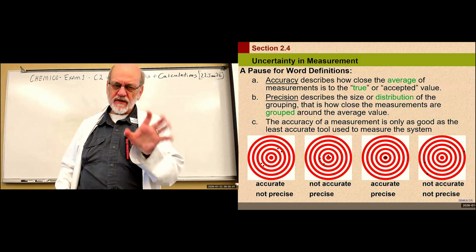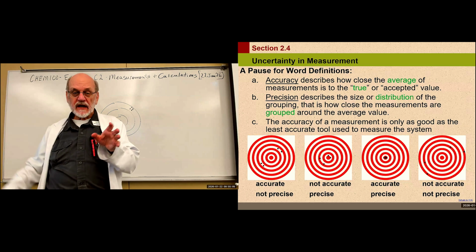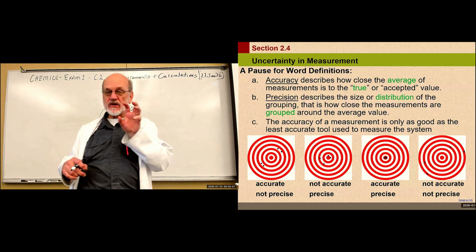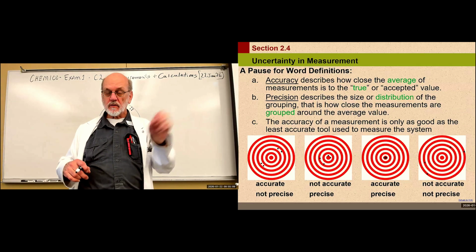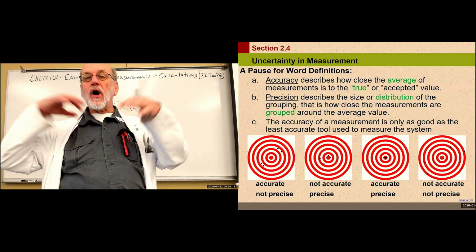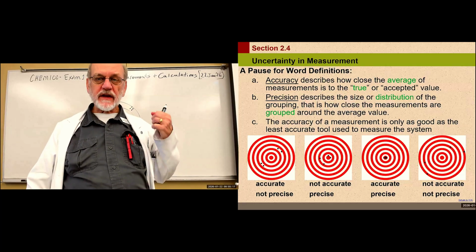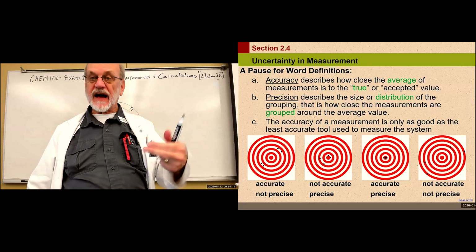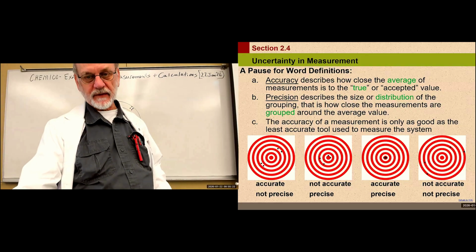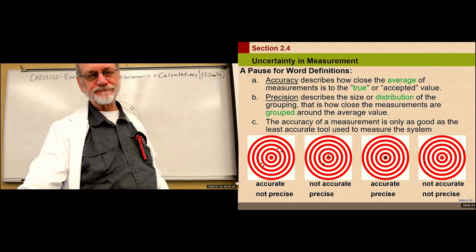And then the last statement on this slide has to do with the accuracy of a measurement in which you are making a measurement in sequence with different tools. The accuracy of the overall measurement is only as good as the least accurate device in the sequence. It's like the weakest link in a chain, so to speak.